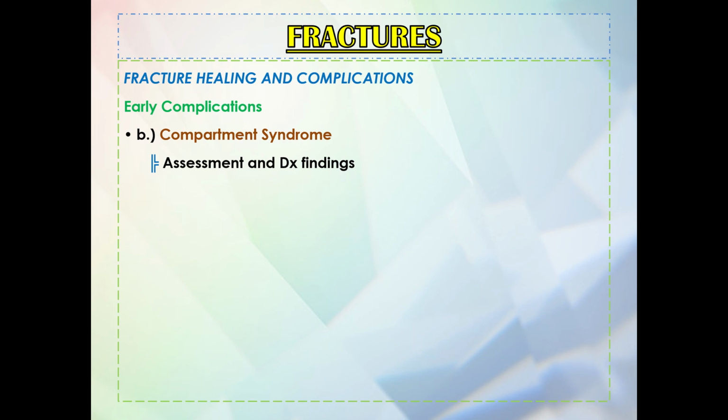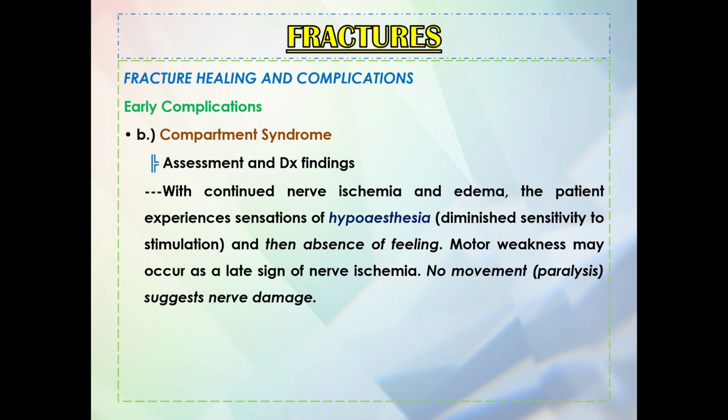Dapat by now, you already memorize those. With continued nerve ischemia and edema, the patient experiences sensations of hypoesthesia. Hypoesthesia is a diminished sensitivity to stimulation. So, habang nagpapatuloy yung compartment syndrome, nagkakaroon na ng diminished sensitivity sa body part na yon si pasyente.